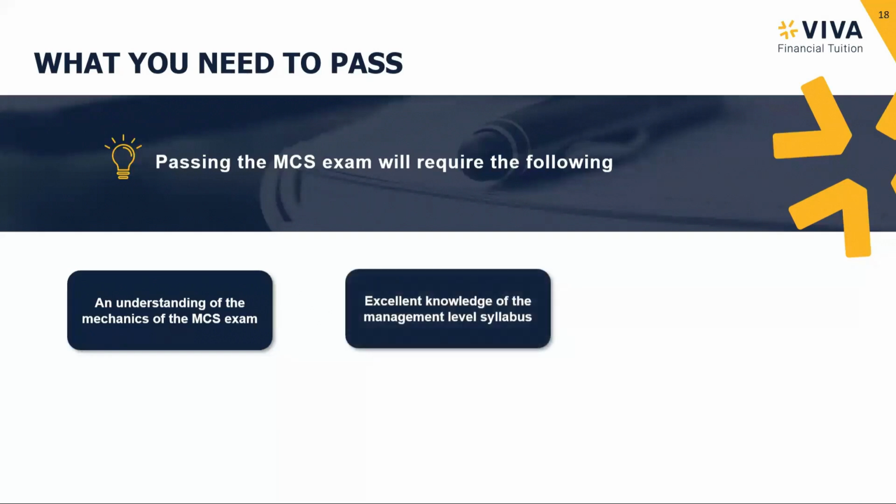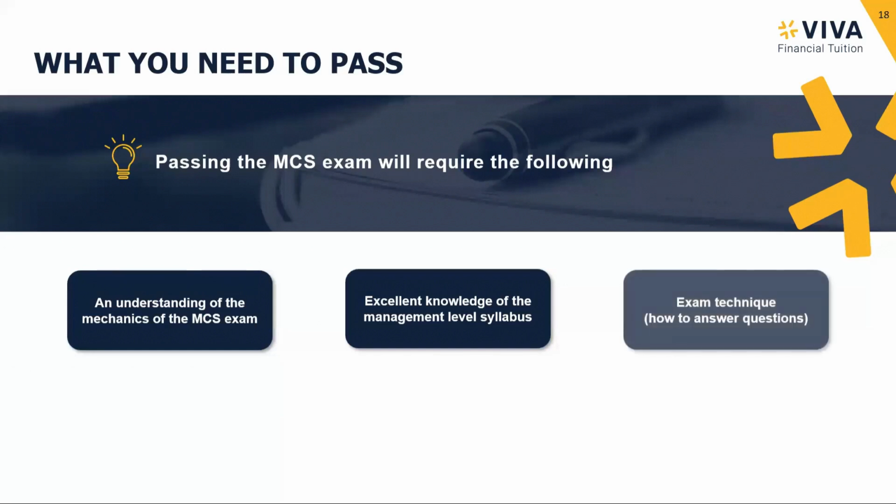Second, really good knowledge of those management level subjects that we've just looked at. Go back through your notes, look at all those key areas we've covered today, but also other areas as well. Make sure that if you got a question on those, you would be able to write and explain what they are. You'd be able to use that knowledge in Flathall. Third, you need to develop your exam technique.